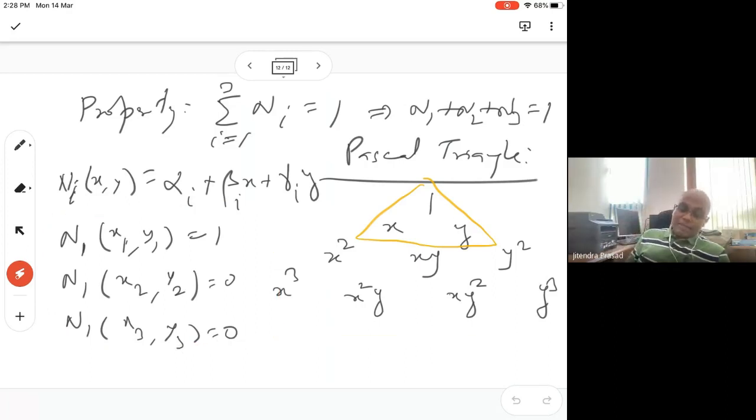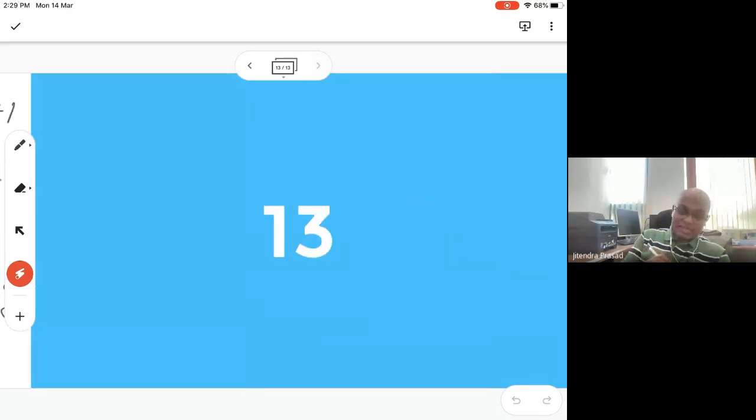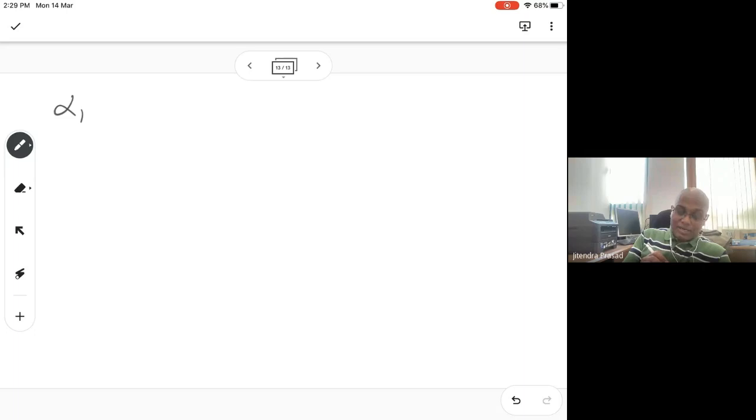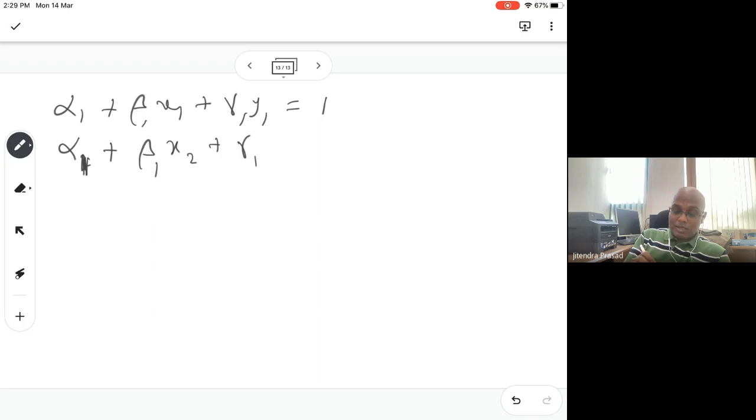Hence you can write that alpha 1 plus beta 1 x1 plus gamma 1 y1 is equal to 1. Alpha 1 plus beta 1 x2 plus gamma 1 y2 equal to 0. Alpha 1 plus beta 1 x3 plus gamma 1 y3 is equal to 0.